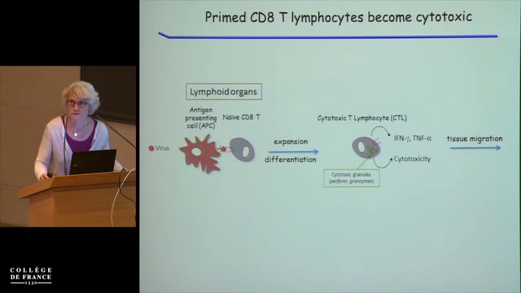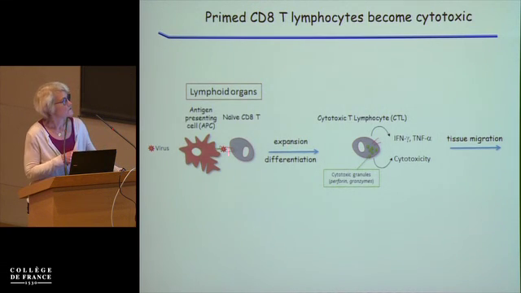And as you probably know also, naive CD8 T cells need about 5 to 8 days after recognizing a cognate antigen in secondary lymphoid organs to expand, differentiate into cytotoxic lymphocytes, which then will migrate to the affected tissue.